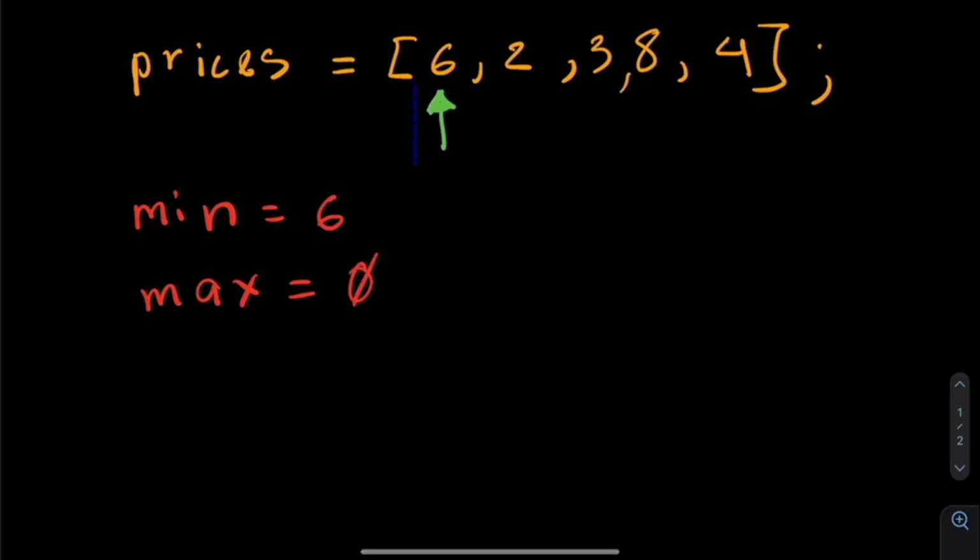Now we go to the next number, 2. Is that less than our minimum? Yes, it is. So we change the minimum and move on to the next price. Is 3 less than the minimum?